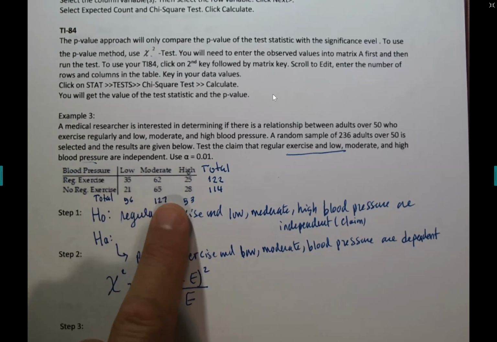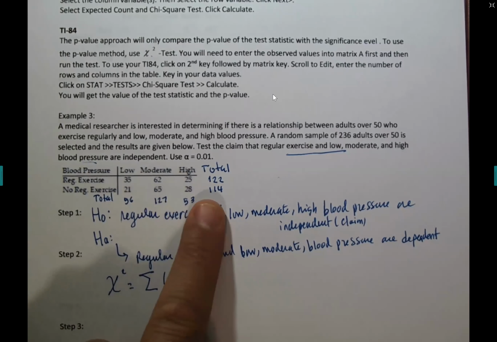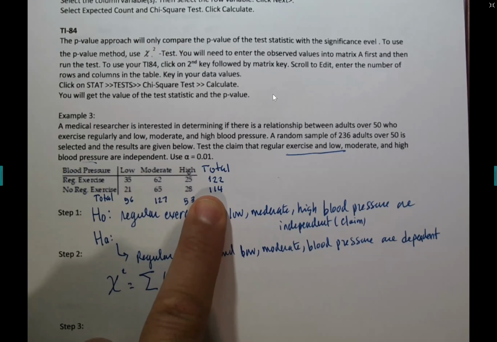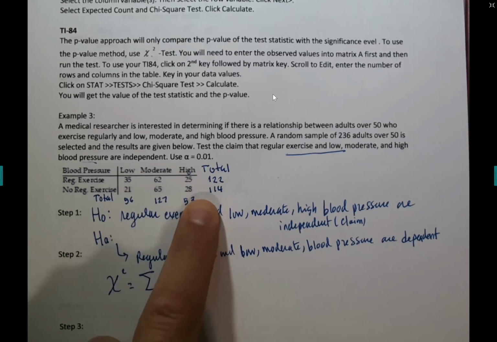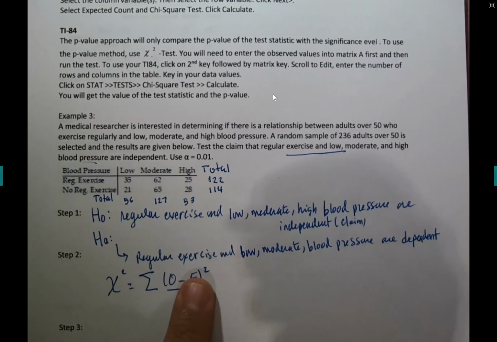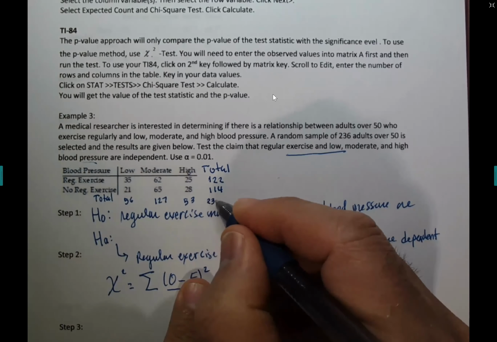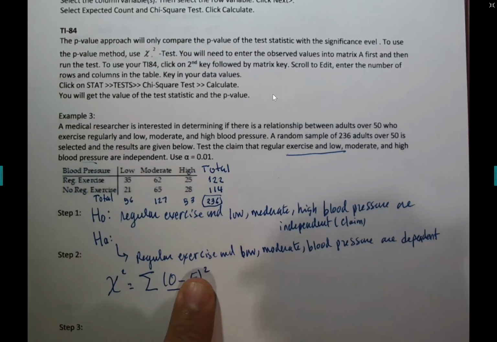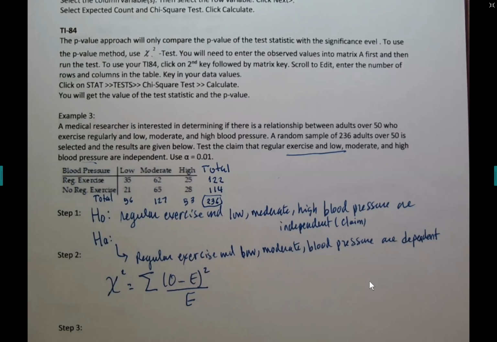That's a total. If someone asks what 114 represents, it's the number of adults over age 50 who don't exercise. What's 122? It's the number of adults who exercise. And if you do the grand total, it's going to be 236. All right. Any questions, guys?